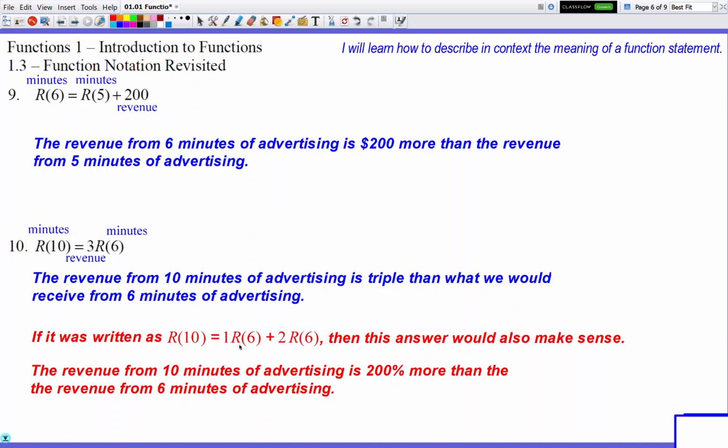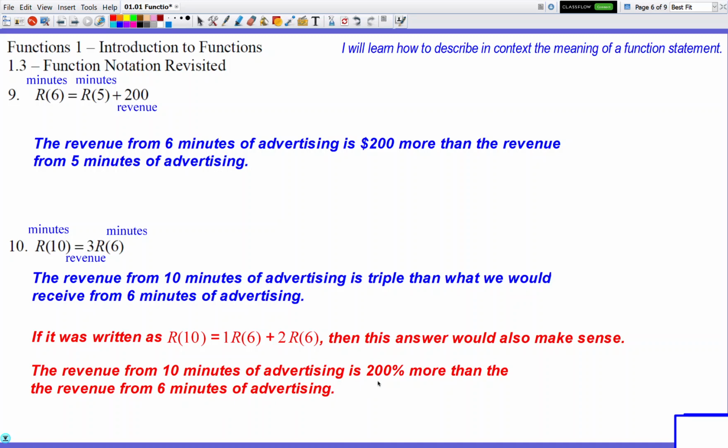If I write it like this, how does that change the translation? Basically I still advertise for 10 minutes and for 6 minutes, but because I have plus 2 times R of 6, it's going to be 200% more than the revenue from 6 minutes of advertising, or an increase by 200% in revenue.